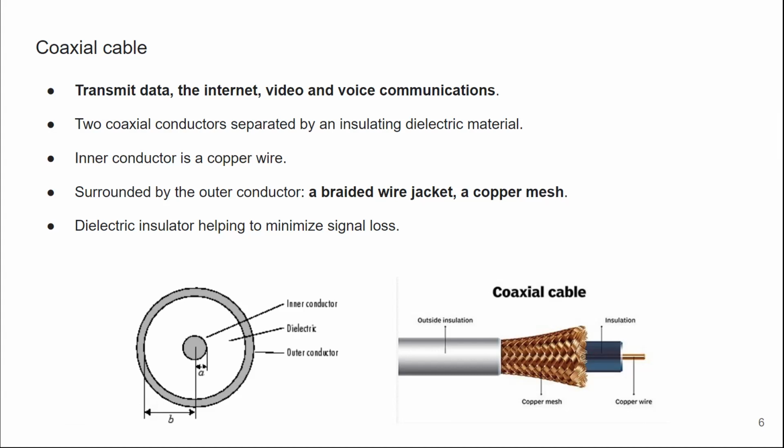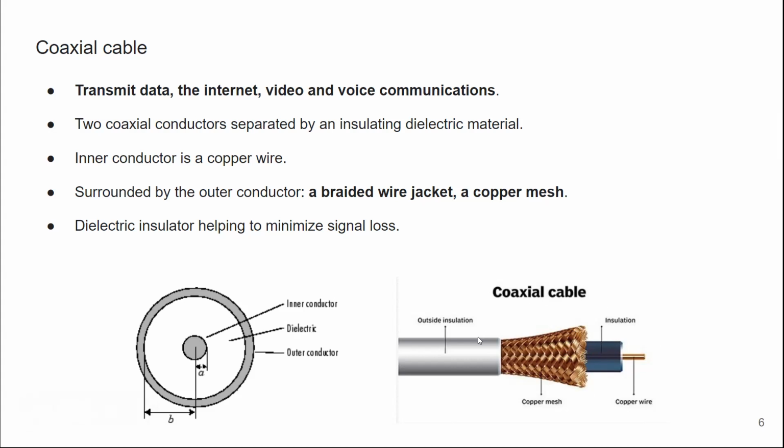It consists of two coaxial conductors separated by an insulating dielectric material. So the inner conductor is a copper wire, the outer conductor is a copper mesh, and there's an insulating material in between the conductors.